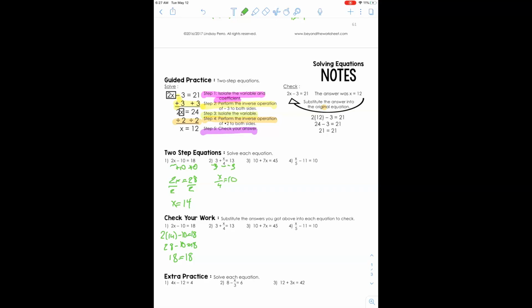So now the inverse of a division is multiplication, so we multiply each side by 4. So x equals 40. We can check it down here. So we have 3 plus 40 divided by 4 equals 13. 40 divided by 4 is 10. 13 equals 13.